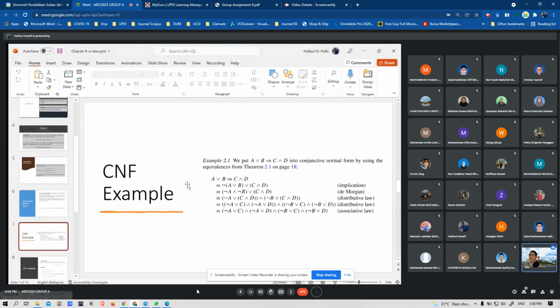We put (A or B) implies (C and D) into conjunctive normal form by using the equivalences theorem. First we do the implication, and then after that we do De Morgan's law, then the distributive law twice, and lastly the associative law.